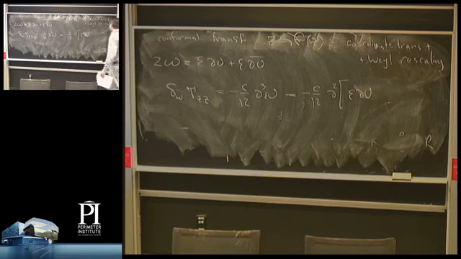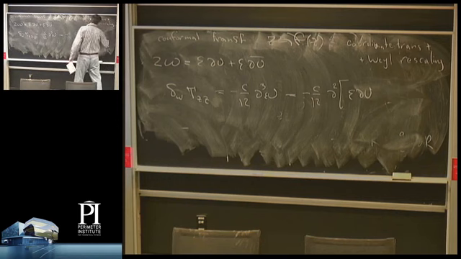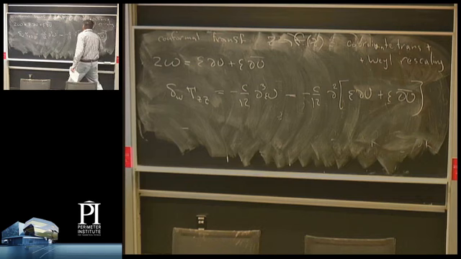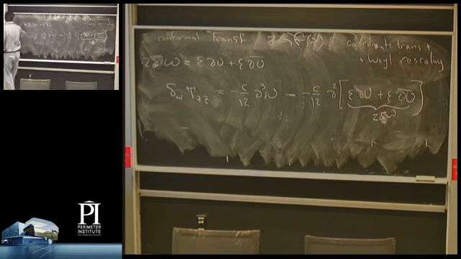And I'm just going to add the anti-holomorphic part. That's not going to change anything, because our conformal transformation breaks into holomorphic and anti-holomorphic parts. This guy is anti-holomorphic, so if I keep it with a holomorphic derivative, it will vanish. So I haven't done anything. But now I know that this combination here is exactly twice delta omega.